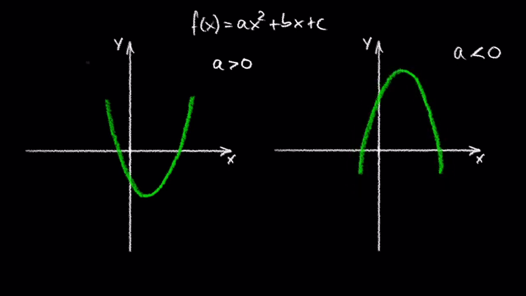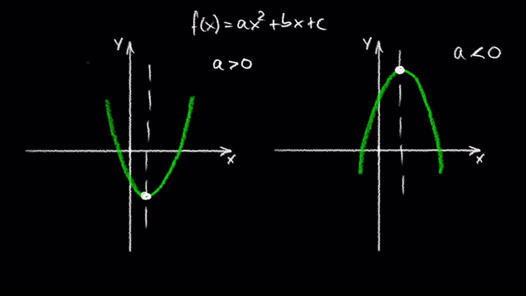Any parabola shares a kind of symmetry in which a vertical line through the vertex, which is an extreme point, divides the parabola in half.